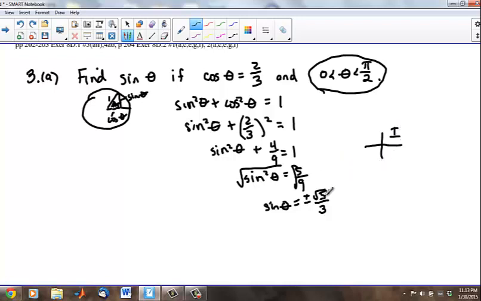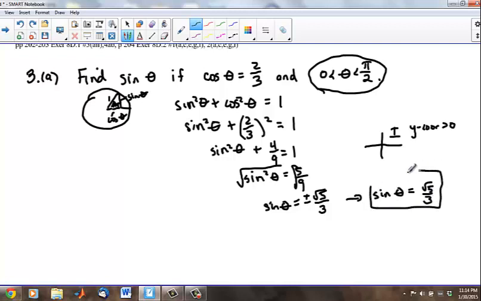In the first quadrant, sine theta is the y-coordinate, and in this case the y-coordinate has to be greater than 0. So we know that sine of theta can only be the positive root.